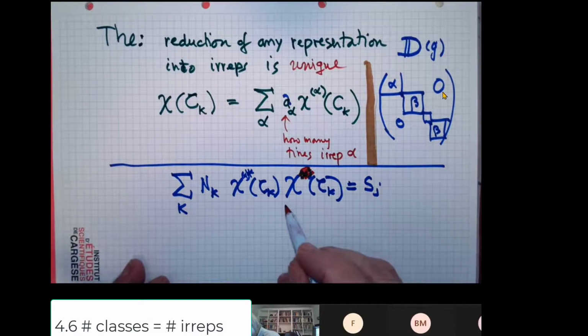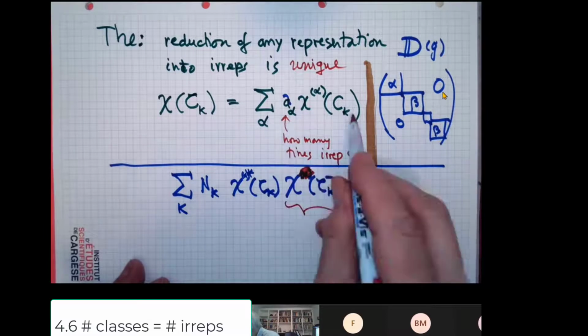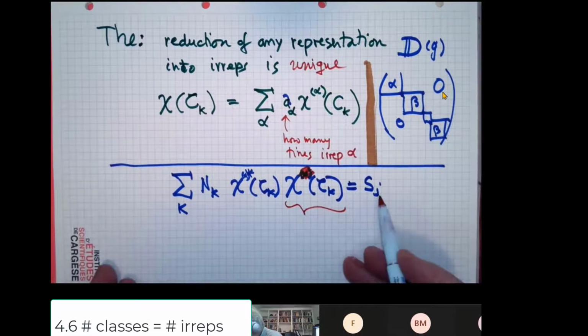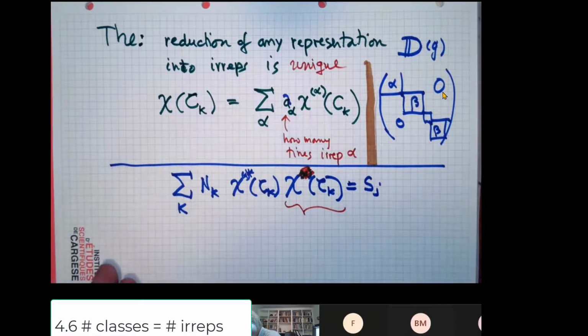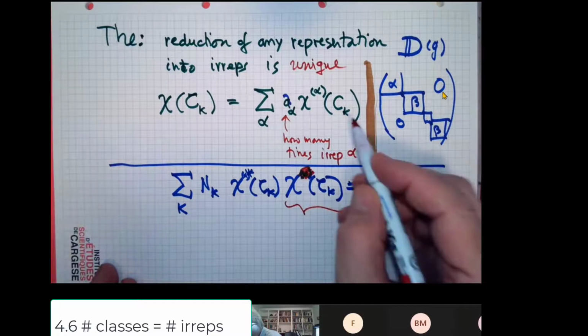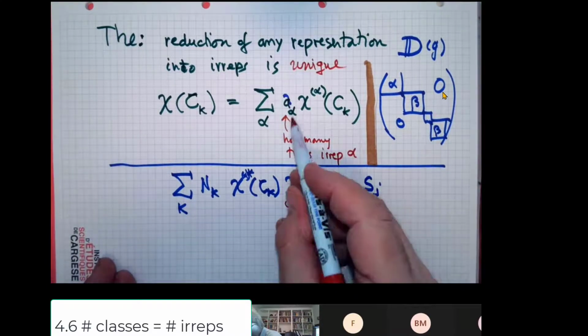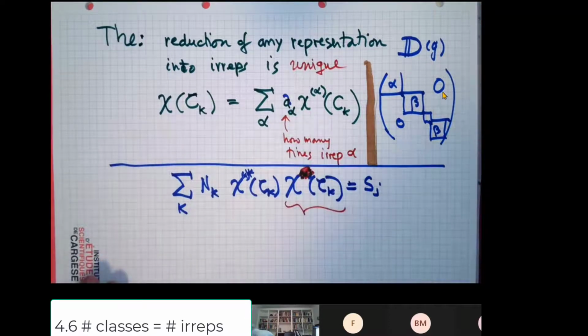And now I substitute in here this formula. This is supposed to give me some number, right? Because each one of them will be an irrep. Irreps are all unitary vectors, and then there'll be some of these integers.